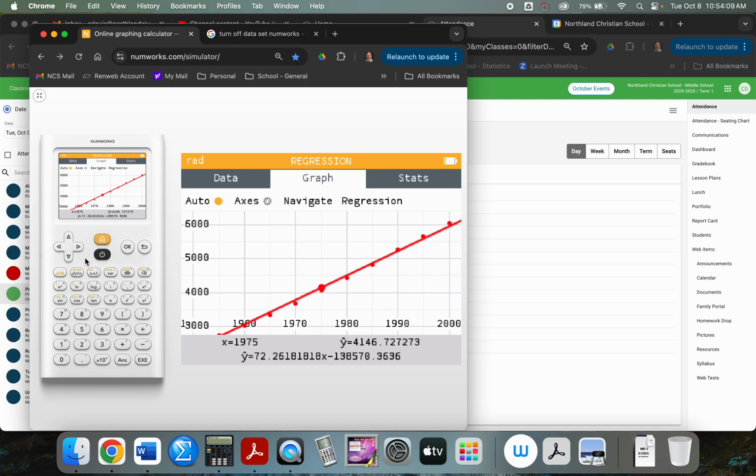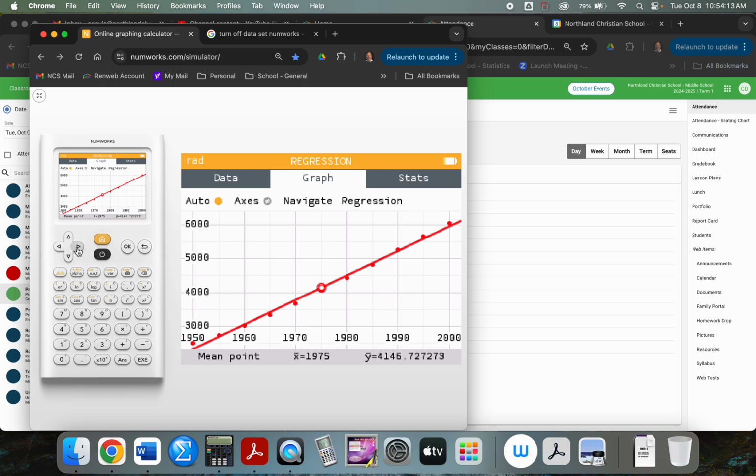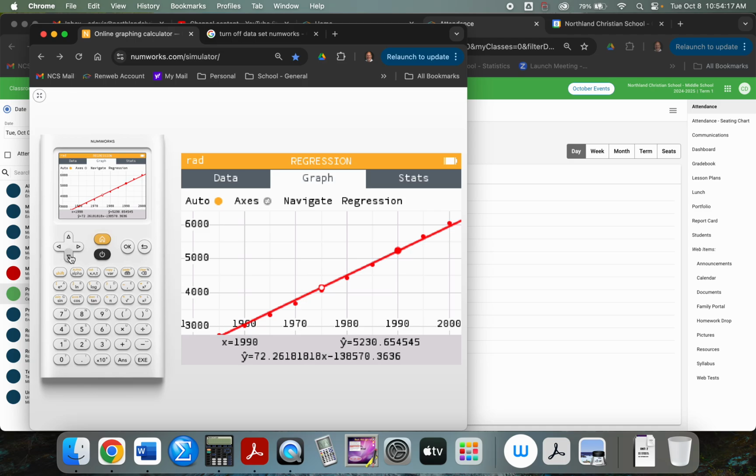Oh, no, if you hit the up arrow, it's on the points. If you hit the down arrow, it's now on the regression equation and it tells you y hat. Oh, that's so much easier. All right, has everyone got that now?